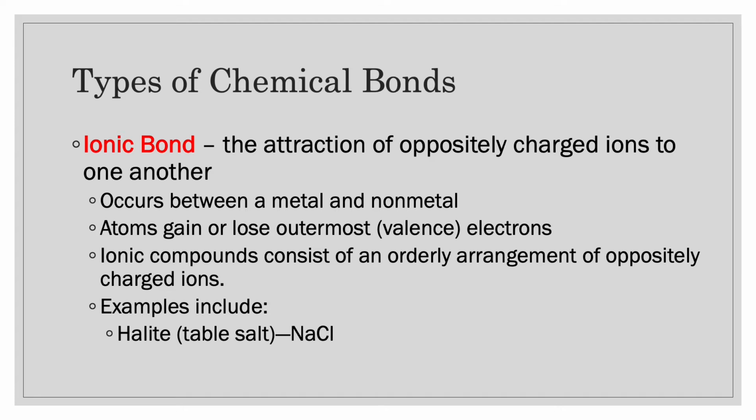Ionic compounds formed by ionic bonds of multiple atoms consist of an orderly arrangement of oppositely charged ions. One example is halite, which is actually table salt, which is NaCl, or sodium chloride, where the metal, sodium, has extra electrons and the nonmetal, chloride, doesn't have enough electrons, and so they bond to one another, where the sodium gives up its extra electrons to the chloride.